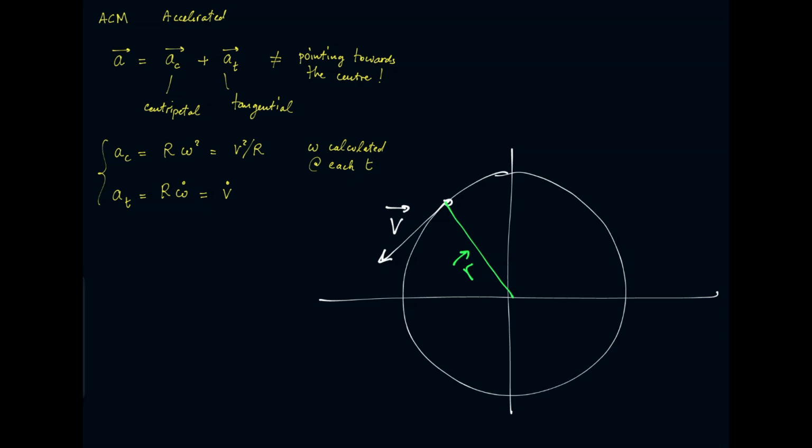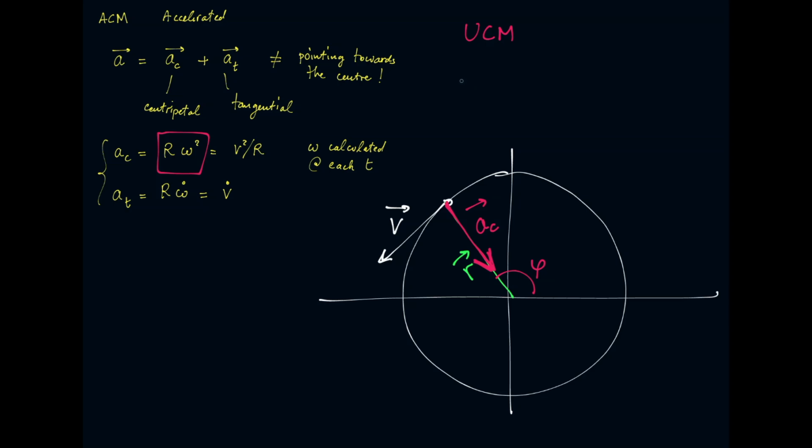In uniform circular motion, the only component of acceleration is the centripetal component pulling towards the center, with magnitude r omega squared, where omega is d phi over dt as usual.